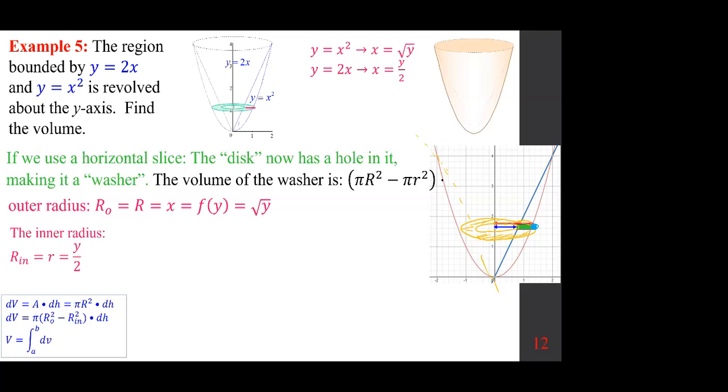So R out is the x coordinate for the curve, which is square root of y, and R in is the x coordinate of the line, which is y over 2. And so, sticking with that, pi times R out squared minus R in squared, times dh. We decided the thickness, we're going to go up and down to cover this, that's dy.